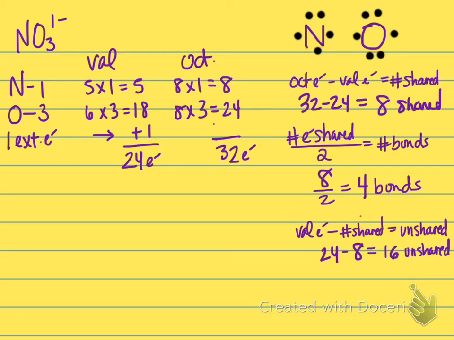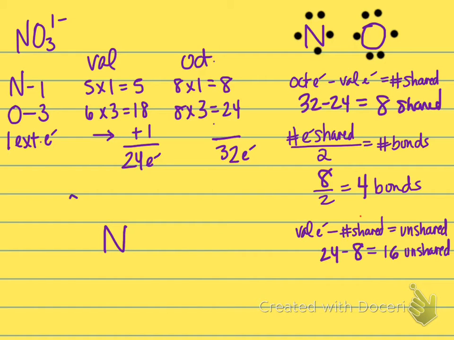First of all, I have to figure out what's going to go in the middle. We know it's carbon if carbon's present, or the least electronegative element there is. Oxygen's more electronegative than nitrogen, so we're going to put nitrogen in the middle. If you didn't remember that, you can also look and say, there's one nitrogen, there are 3 oxygens. I bet the one there's only one of goes in the middle.